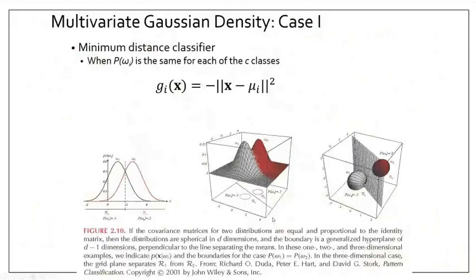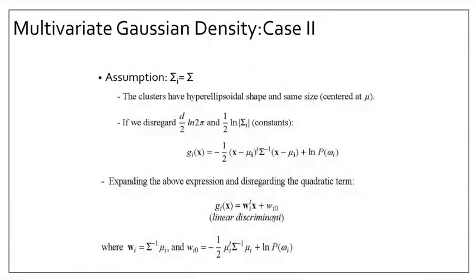Okay, so now in the next condition, case number 2, this sigma I is the same for all classes, but the diagonal elements are different.